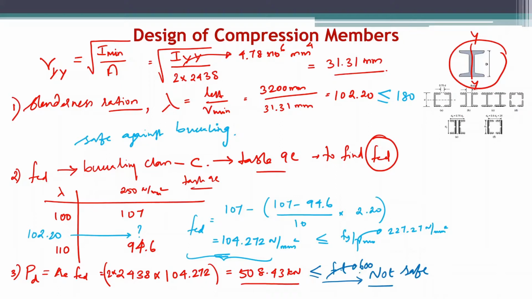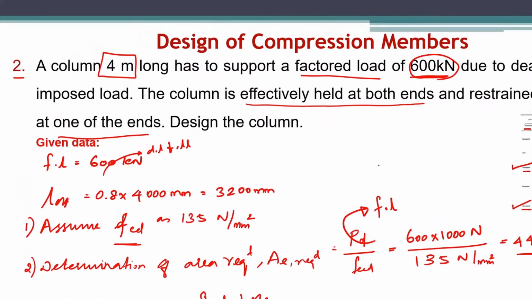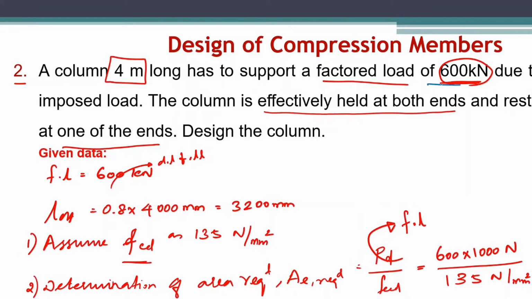Now we have to revise the section. If you compare the numerical in the previous video class and this numerical 2, both have been designed for the same factored load of 600 kilonewton, the total length is the same, and end conditions are the same.